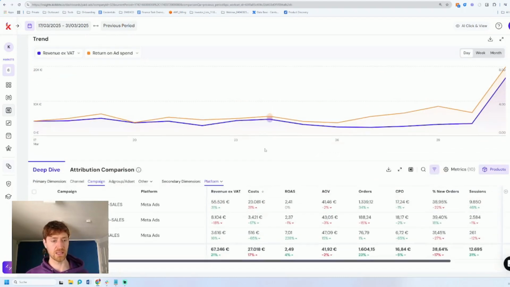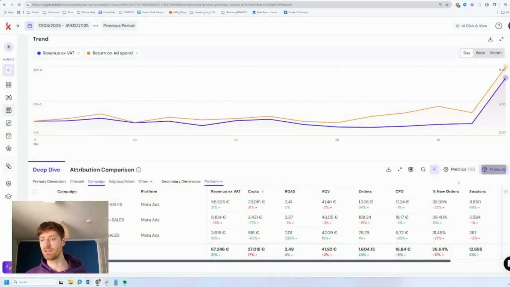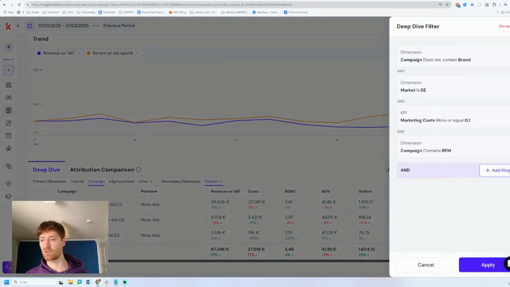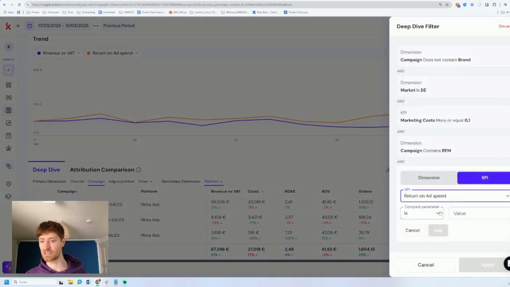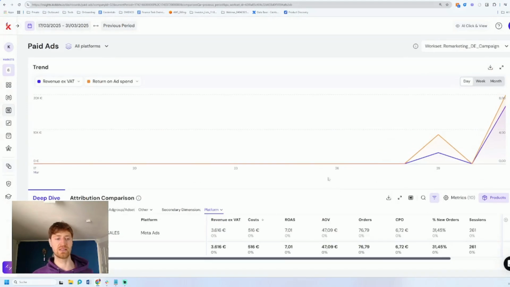For remarketing, we see that we just have a couple of campaigns in here. So I would say we set the goal to 2.5 as a ROAS, or we say above 3 to make it very easy. We go for the filters again. We add a filter. We go on the KPIs and say the return on ad spend, more or equal to 3. We add this filter and we make these our winning remarketing campaigns.